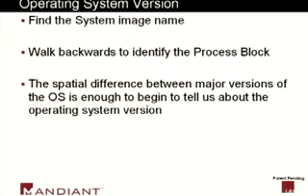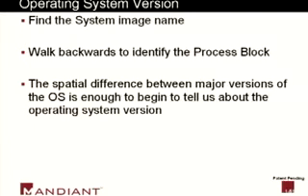So here's our algorithm for finding the operating system version. First of all, we need to find system. To find system, we simply look for a string, because system always has the same name. From that, we walk backwards, and we can find the beginning of the process environment block.